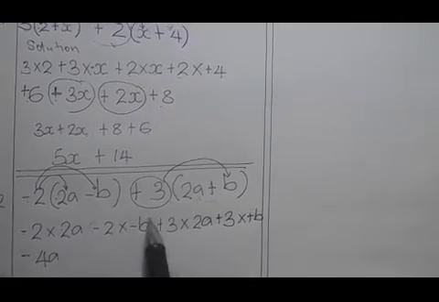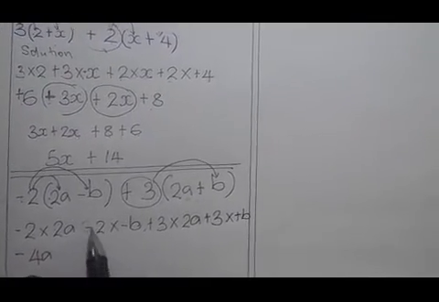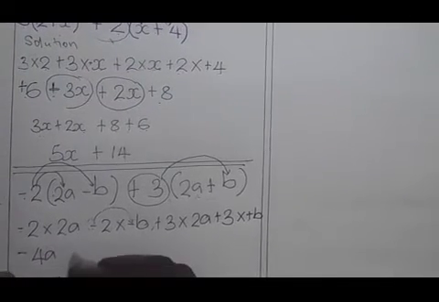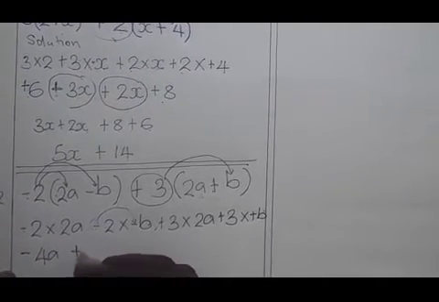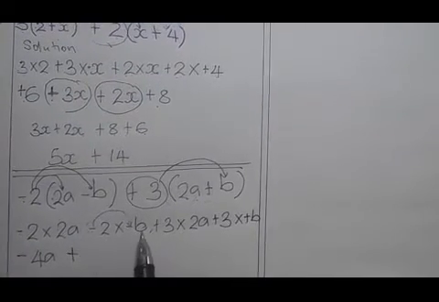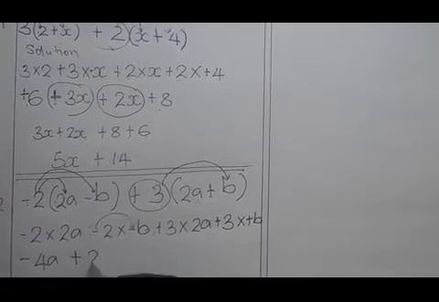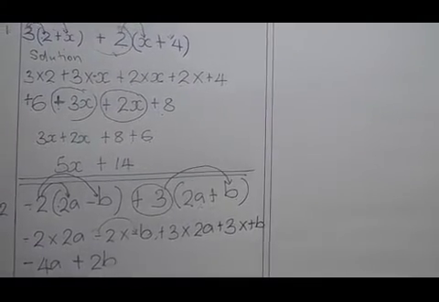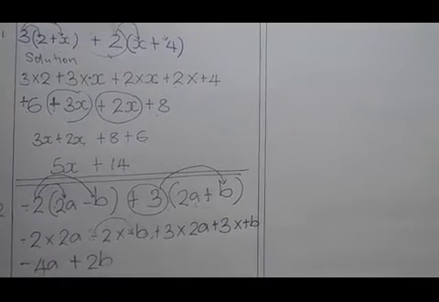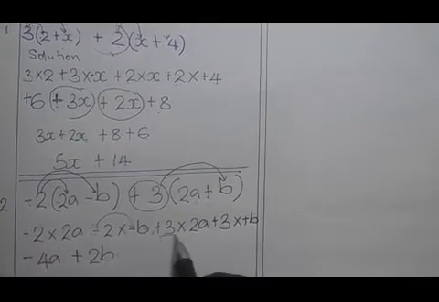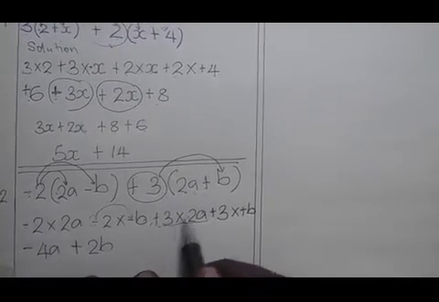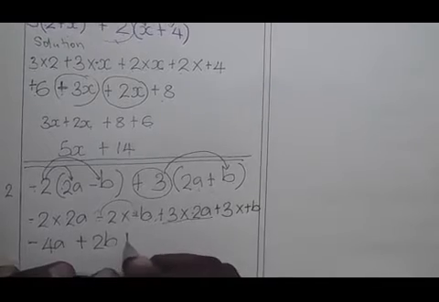Now when we come to this, it is negative times this negative. Remember we said negative times negative gives us positive. Now after getting the result there, multiply 2 times b. We get 2b. So that means negative 2 times negative b, we get positive 2b. Now we come to this. That is positive, positive, and a positive times a positive will give you a positive.